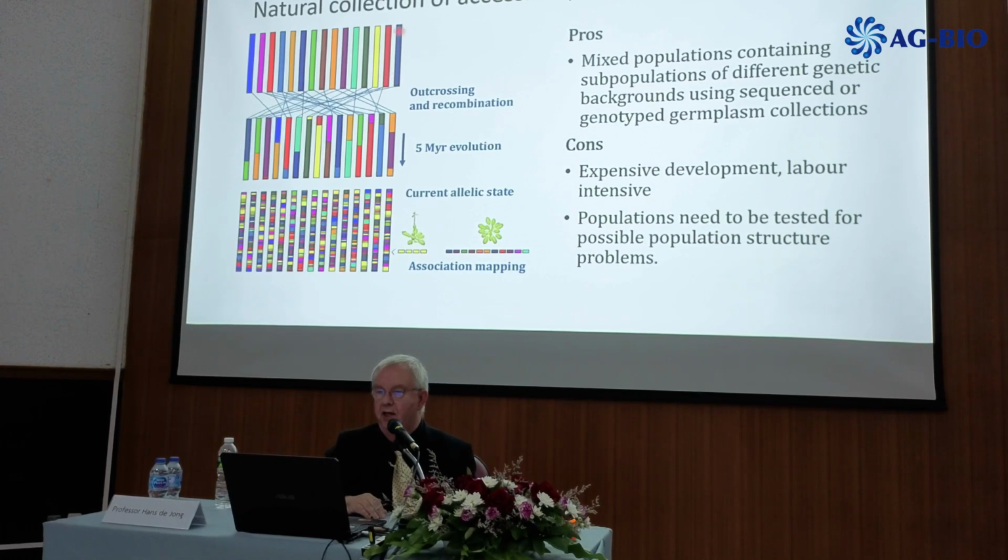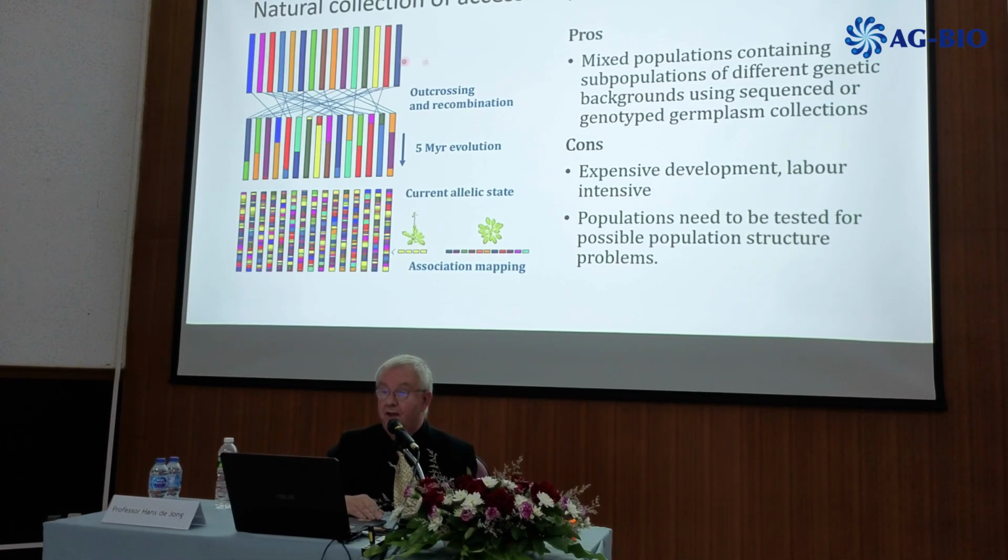What is the idea? In short, if you have this guy here, this is one of the accessions, and think about tomato. If you have here a Lycopersicon peruvianum, we know that this wild relative has several inversions, and that means it has a very profound effect on the panels of natural collections of accessions that you use later for the genome-wide association mapping.